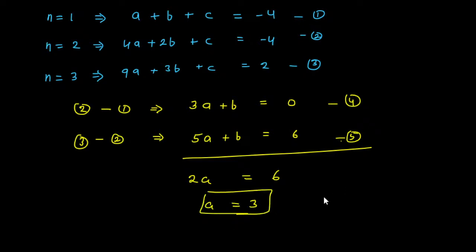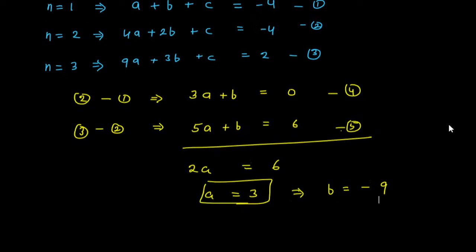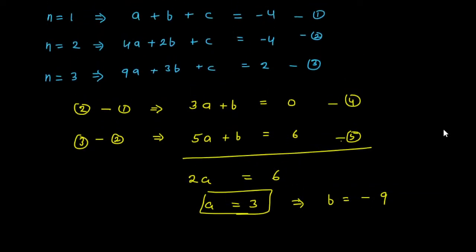Now as the value of a is 3, am I doing it correctly? 2a is equal to 6, a is 3. So as a is 3, the value of b is minus 3 times 3, which is minus 9. As b is minus 9, I can find the value of c because a plus b plus c is minus 4.